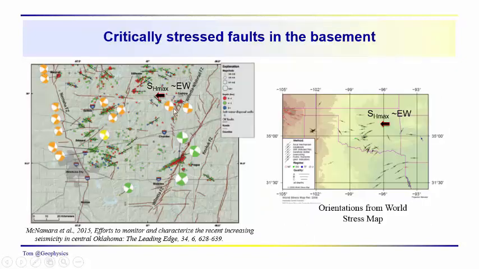Now this is another example which shows some of the fault plane solutions and comes from this paper. Again, I've pulled out the World Stress Map here. SHmax is oriented roughly east-west here, and so most likely we're dealing with right lateral or left lateral strike slip on some of these smaller faults that might be critically stressed in relation to this orientation of SHmax.